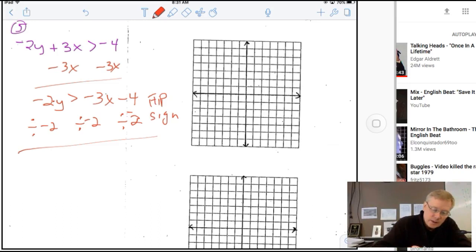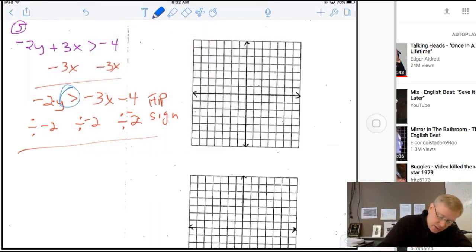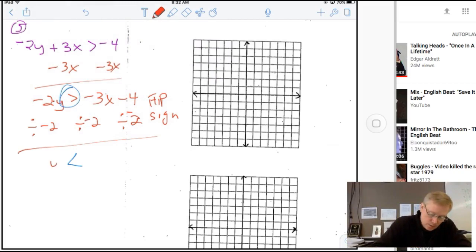Anytime you multiply or divide both sides by a negative number, you got to flip that sign. So now it's going to go that way, and then everything else stays the same, like I was solving an equation. The y is alone. -3 divided by 2 is -3/2. -4 divided by -2 is +2, and that's the equation that I'm now going to go graph.